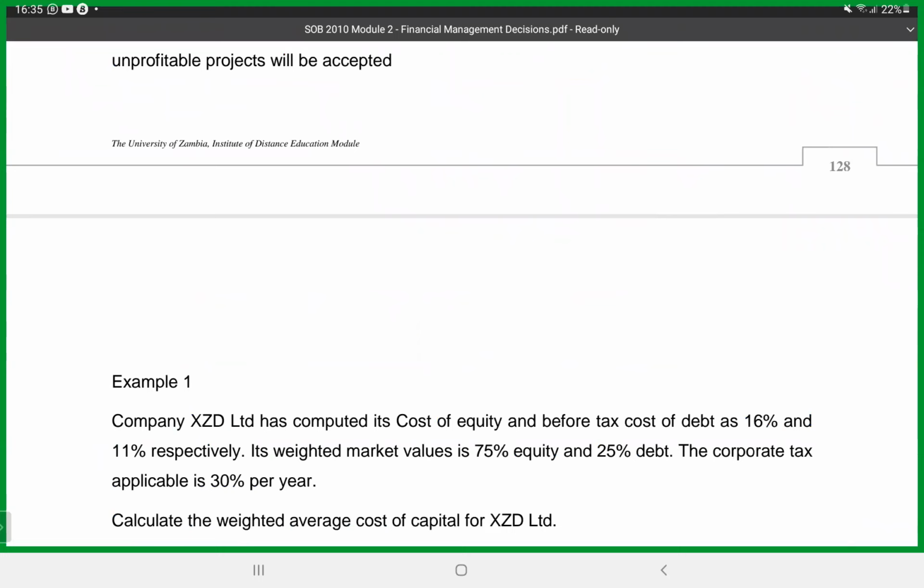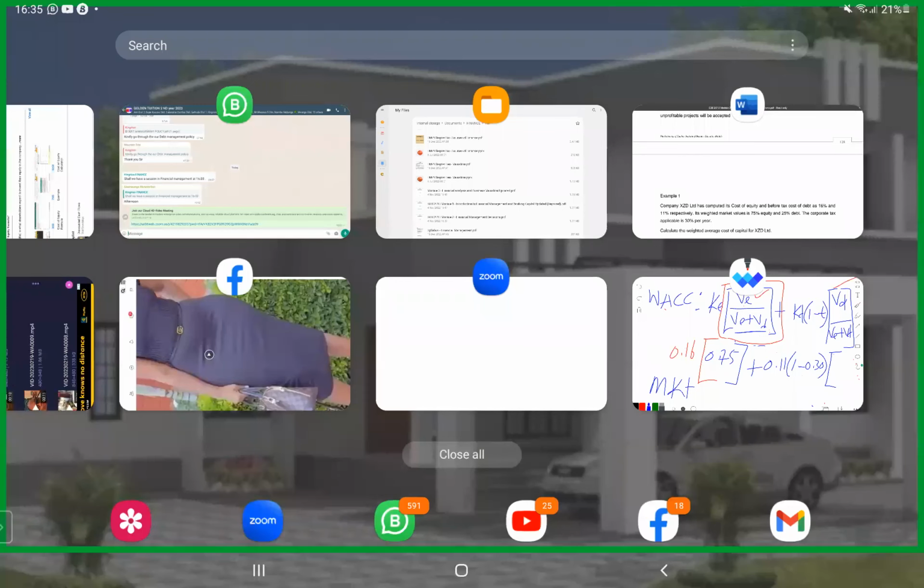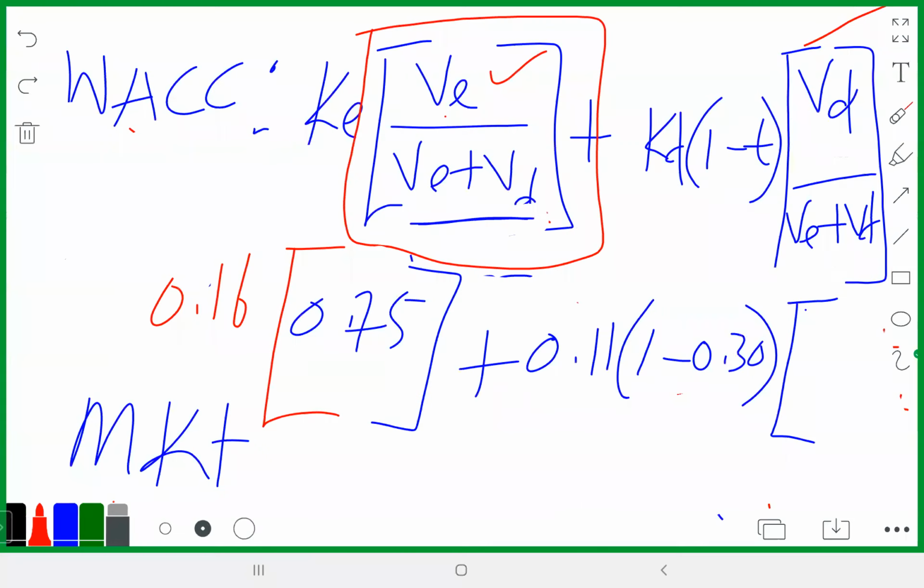According to the question we have, what is the market weight of debt? 25%, 0.25. So you have 0.25, 25%. And so we can now calculate.